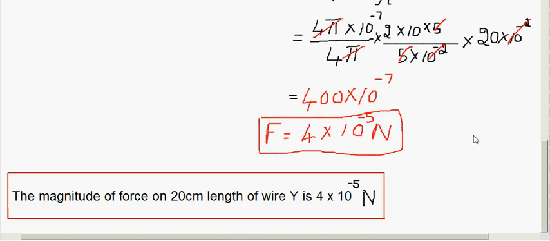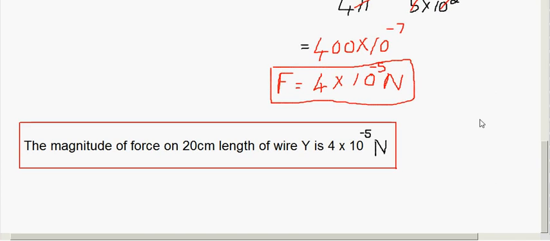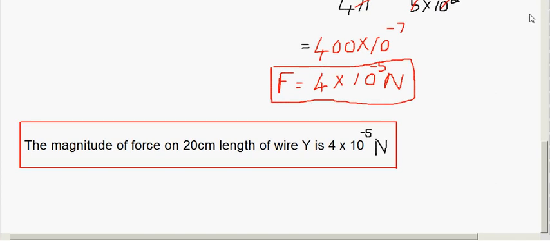Now what is the direction? Because the currents are acting in the opposite direction, the force will be repulsive in nature. The two parallel currents are in opposite direction.